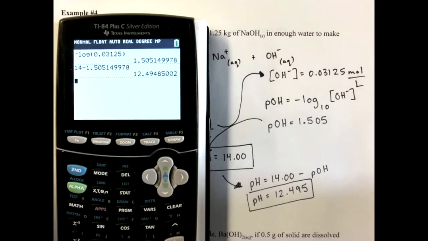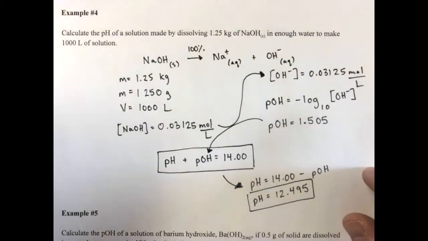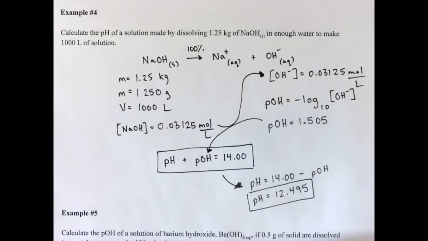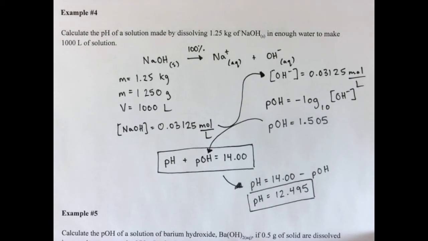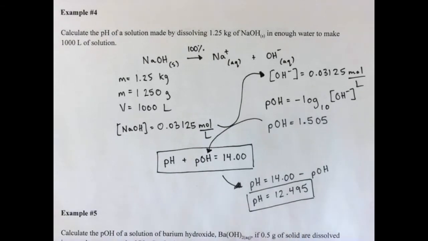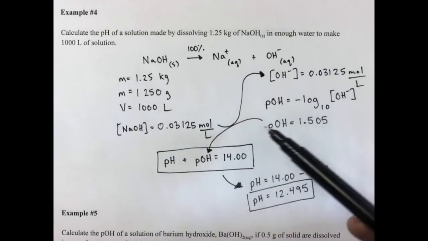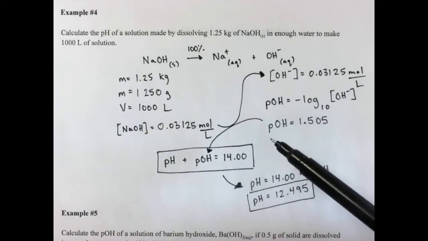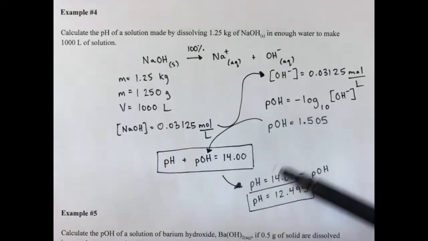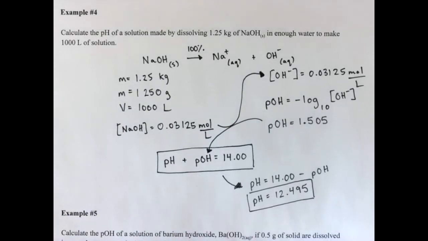And there you go. So this is a really helpful relationship. I'll derive it next year, and if you take Chemistry 30 or grade 12 chemistry, I'll show you where we get this from, but it's a really useful relationship right now, and helps us convert between pOH and pH.